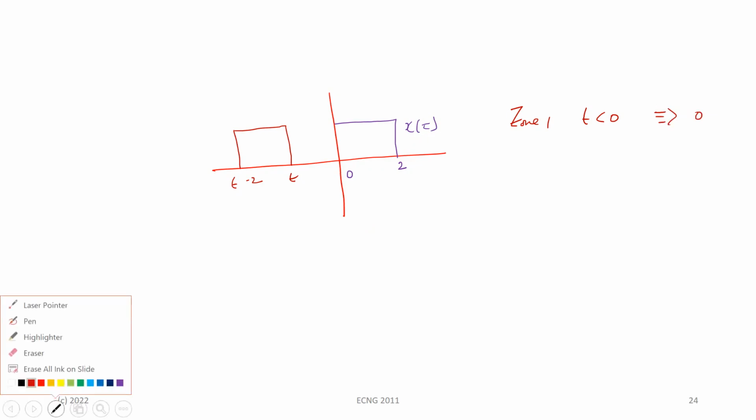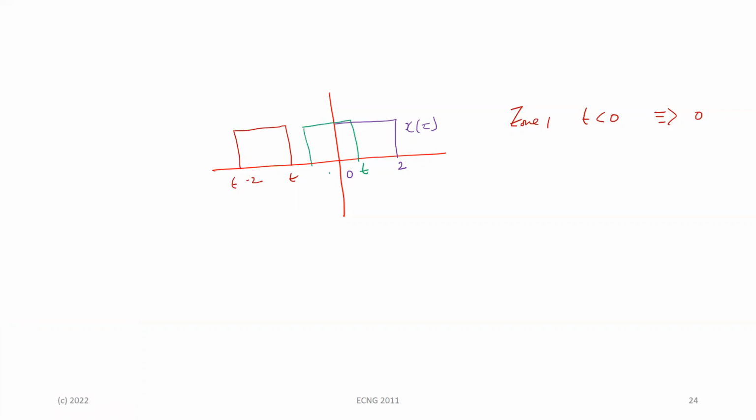Zone 2, as we start moving this along, we have this bit here, t and t minus 2. This is the overlap here. So zone 2, which is t less than 2, greater than or equal to 0.